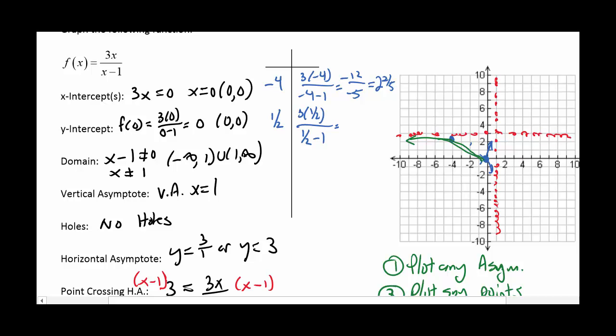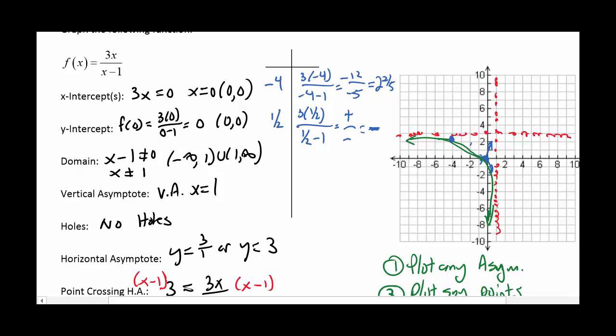Up top I get 3 times a half, that's positive, but a half minus 1 is negative, so I get a negative result. That means my graph has to curve down in that direction instead of going back up again. But I didn't know that until I checked which direction it was heading.